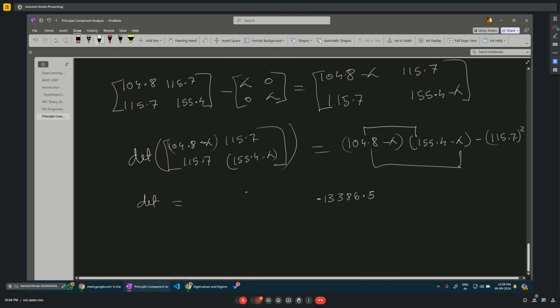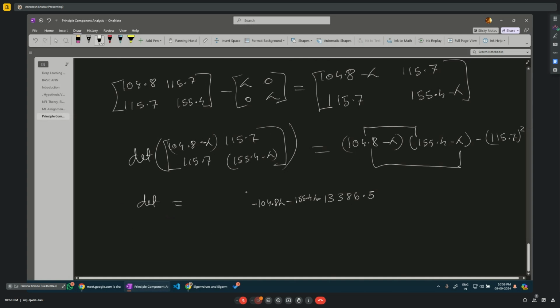And this one has to be solved like this. There will be minus 104.8 lambda and also minus 155.4 lambda.